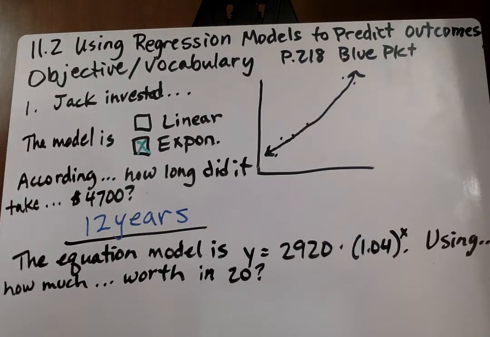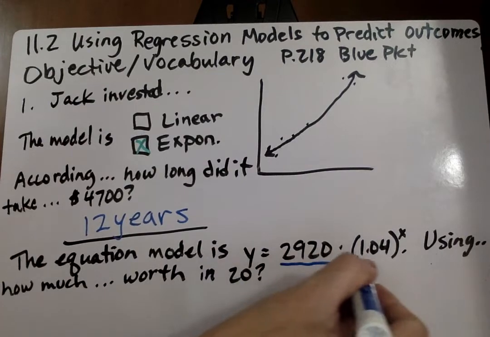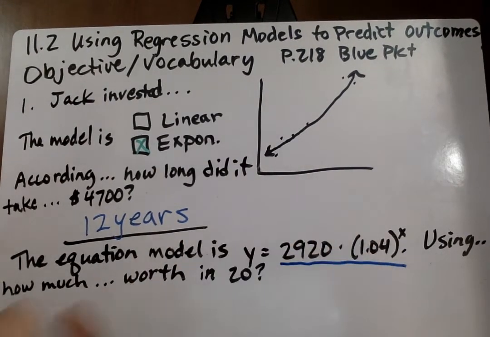Next, the equation for the model is y equals 2920 times parentheses 1.04 to the x. Using the equation of the model, how much will the investment be worth in 20 years? So we use this equation, and our x is going to be 20.